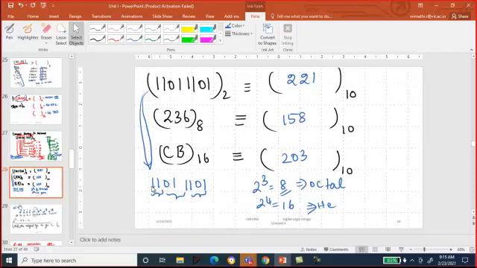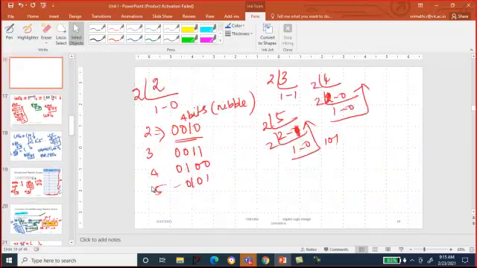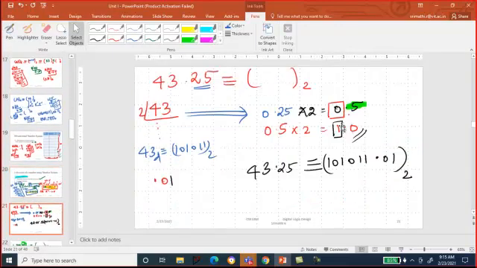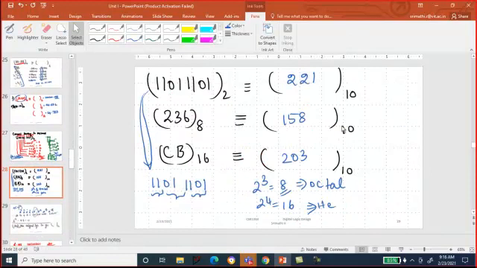So if I go back, octal 101 is 5, and then what is the next 3 digits? 011 will be 3, and again 11 is 3. Am I right or not? Yeah.